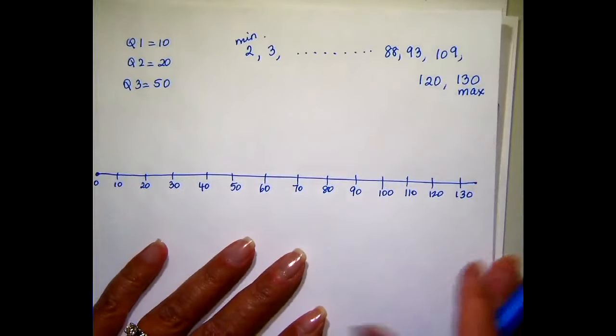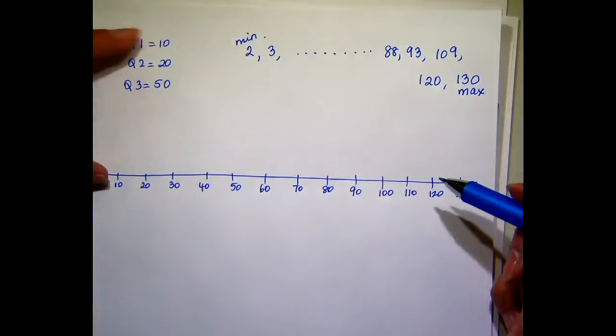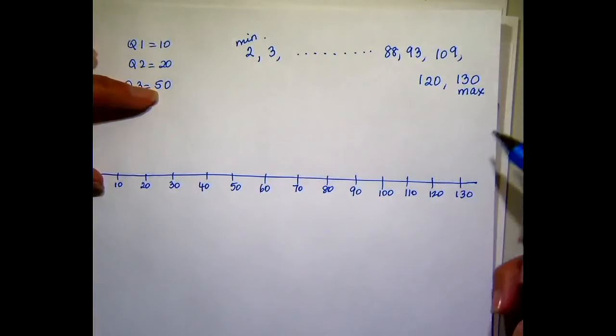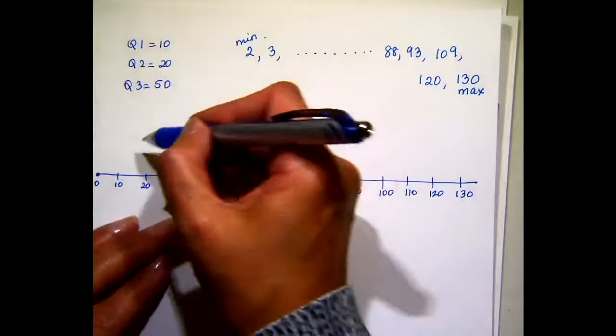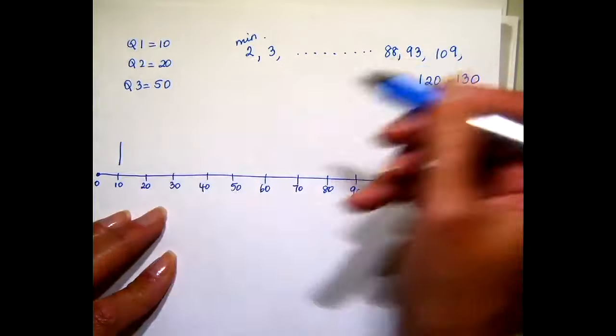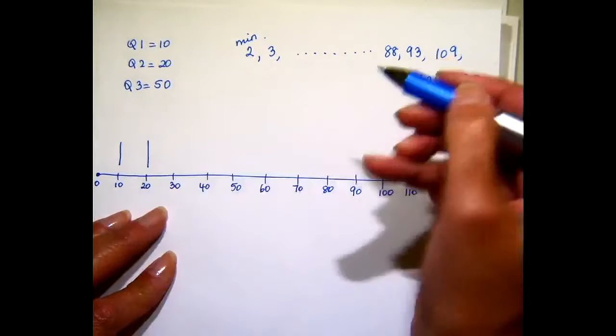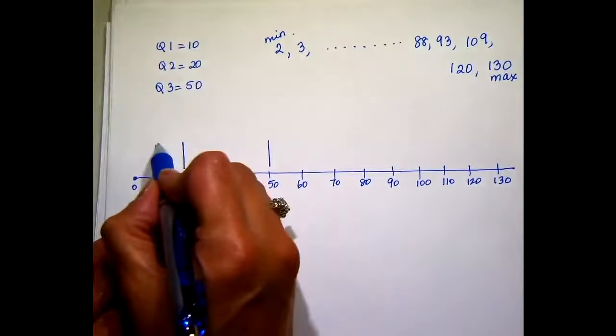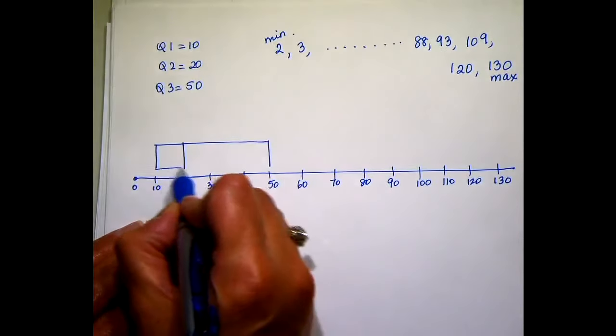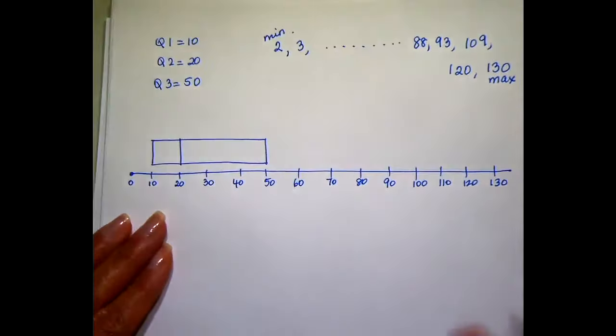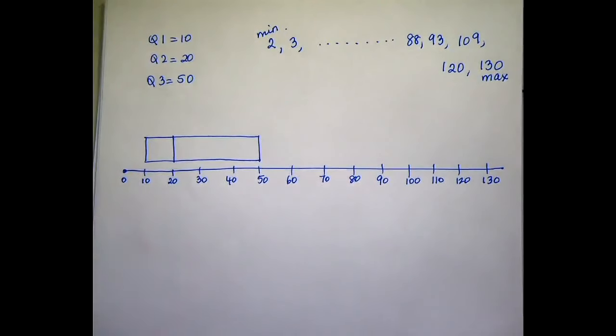So I start out drawing the 3 vertical lines at 10, 20, and 50, just like I did before. Here's my Q1, Q2, Q3, so it forms the box of the box plot. And then it's different from the regular box plot.